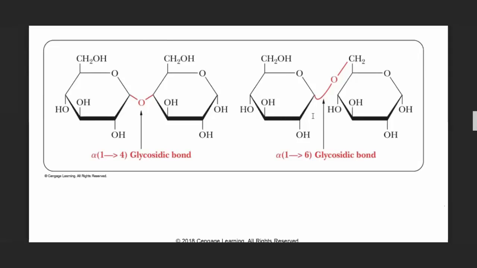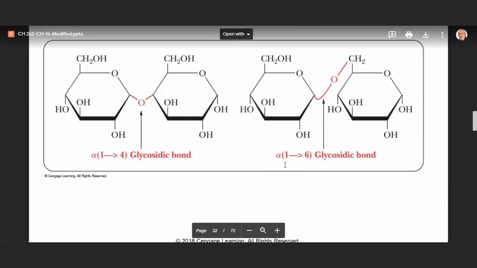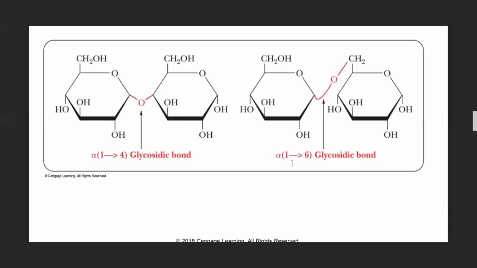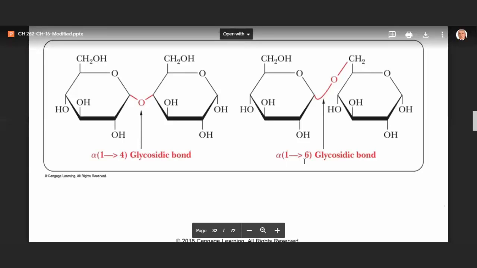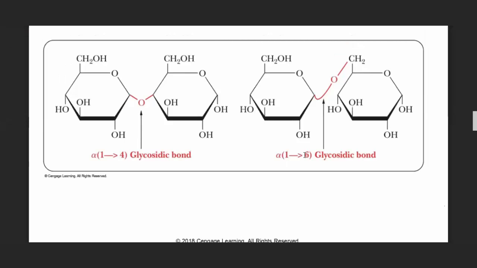Now if the glycosidic bond is between carbon 1 and carbon 6 here, it's called an alpha 1,6 glycosidic bond. And usually this glycosidic bond occurs at a branch point, the alpha 1,6.